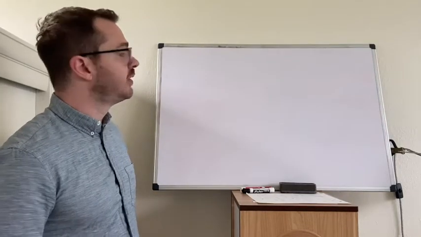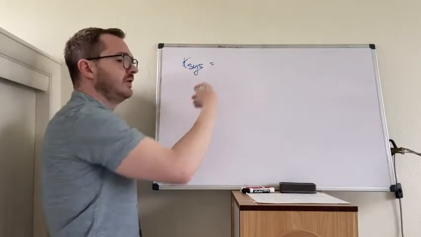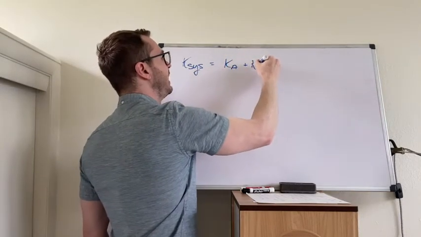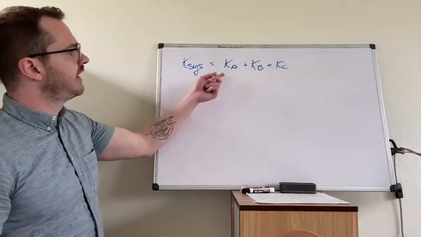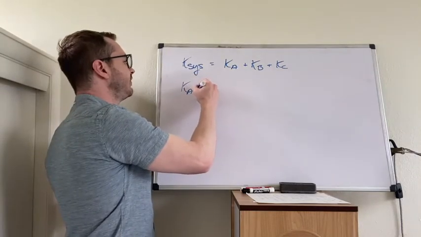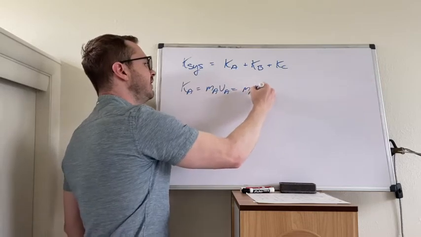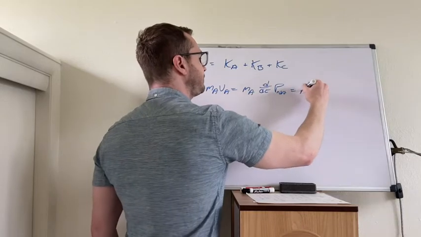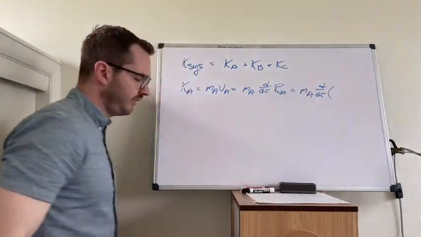We said we wanted linear momentum of the system. K of the system. What is linear momentum of the system? Well, we had 3 bodies, A, B, and C. So K of the system is K of A plus K of B plus K of C. We can come down and just call these out. This is MA VA, which is MA d/dt of P into A. What should we call out P into A?